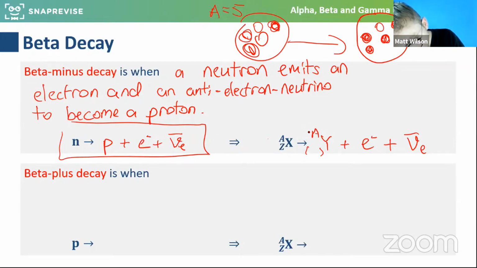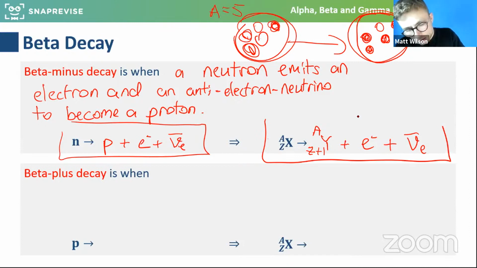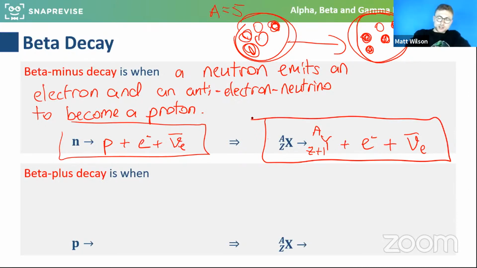So the number A doesn't change. What does change is the number of protons, which is this bottom number here. We have one more proton after the decay than we did before. So this number here goes from Z to Z plus 1. So this here is the general equation for nuclear decay of some nucleus.